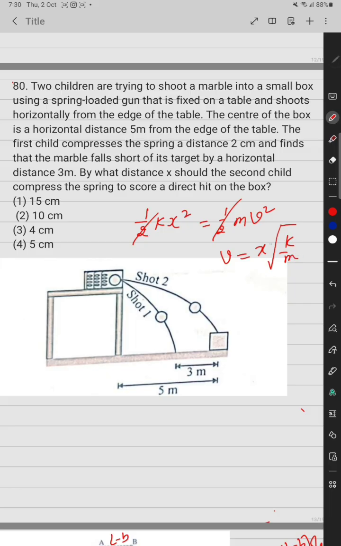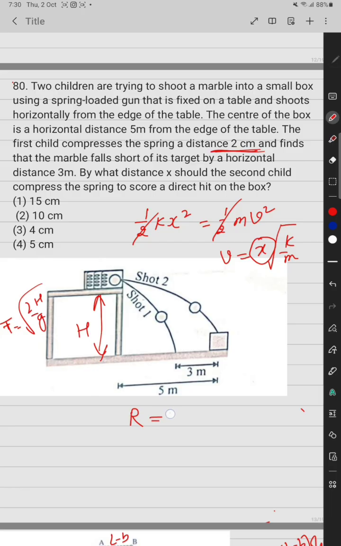The horizontal velocity depends on the compression. First case, the compression is 2 centimeter. In both situations, one thing is common, that the vertical height is the same. Therefore, the time of flight is equal to root 2h by g. And the time of flight is the same. Therefore, the range depends on the time of flight as well as the velocity in the horizontal direction.